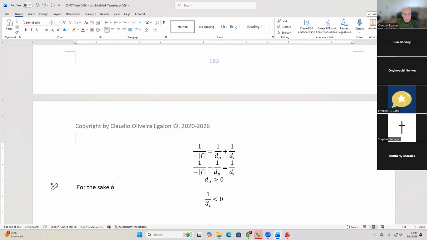For the sake of this course, the position of the object is always positive.